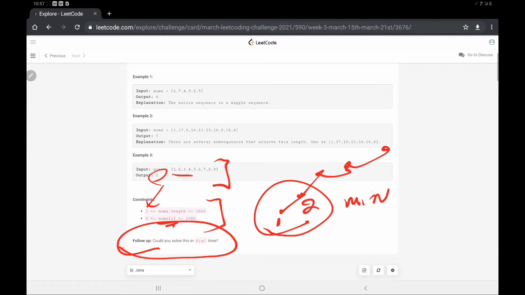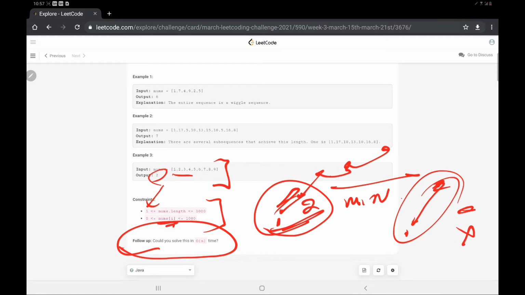Because it's increasing, we can say this is a subsequence of this, and there are only 2 numbers, so there is no alternation, that's why the answer is 2. I hope this case is clear why we are returning 2.